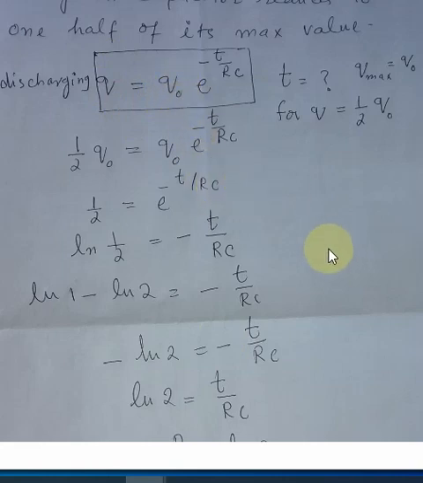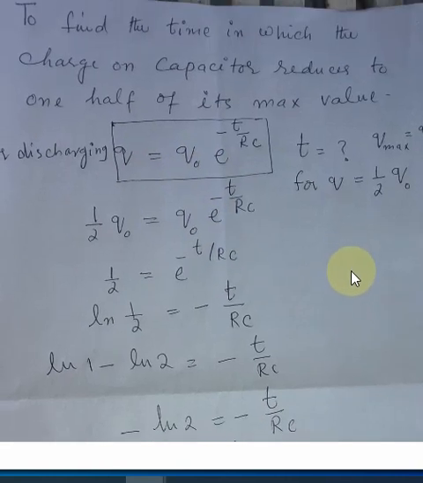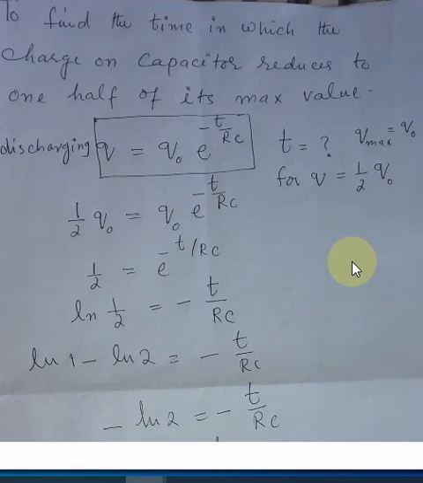So this problem can be stated in other words as to find the time in terms of the time constant, or in how many time constants does the charge on the capacitor reduce to one half of its maximum value.